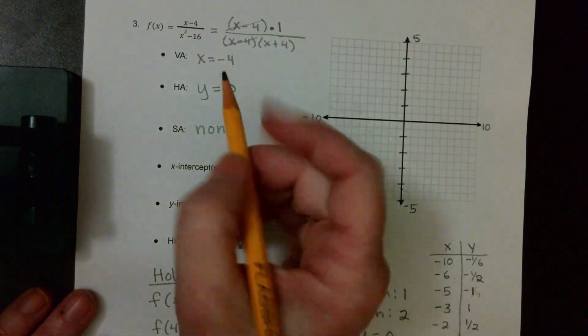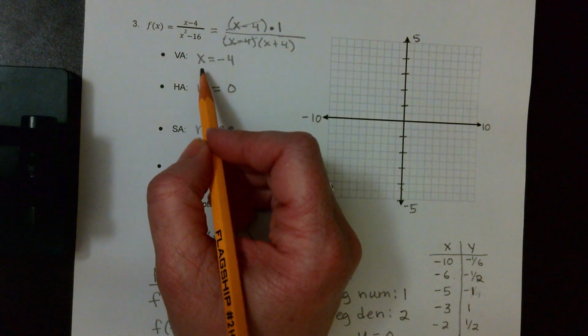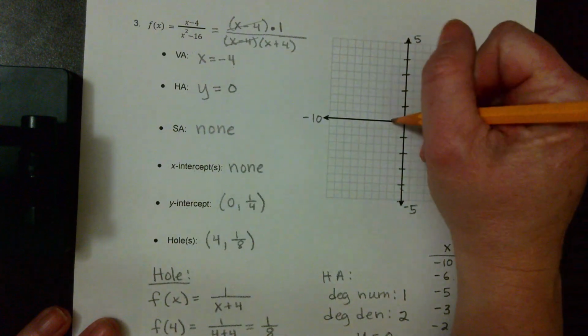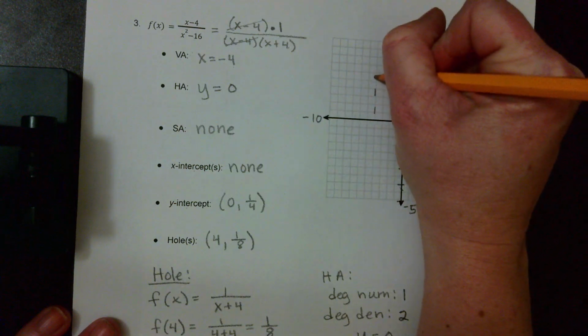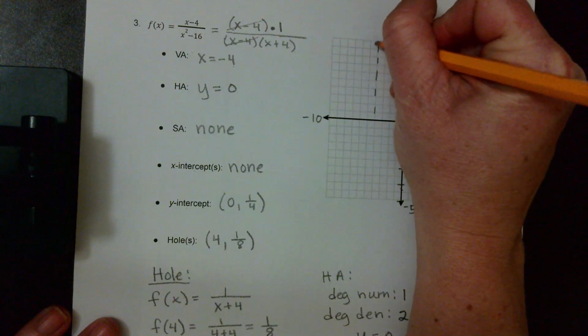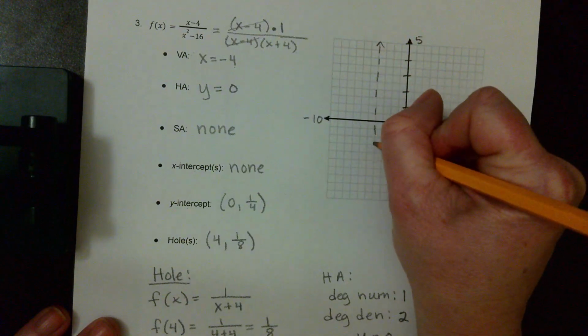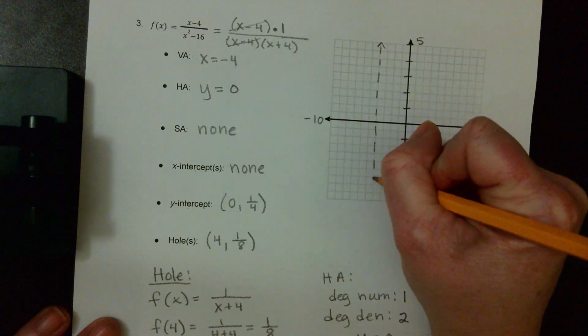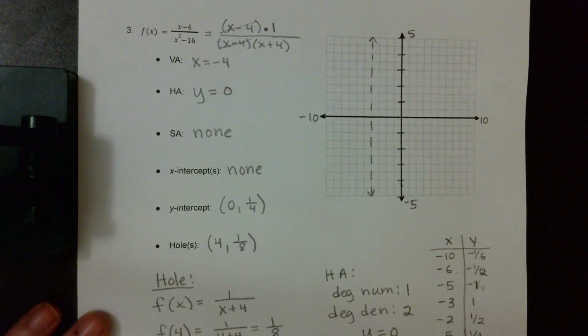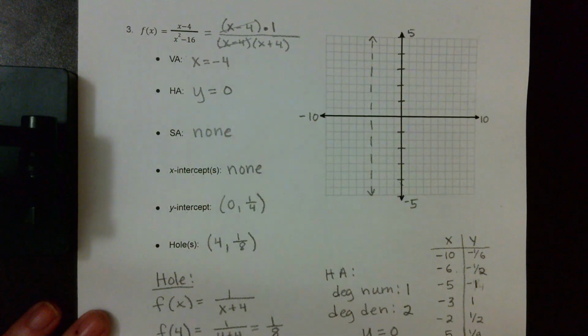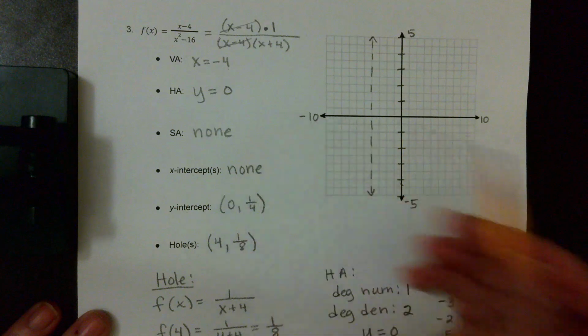So I need to draw in my vertical asymptote at x equals -4. For vertical asymptotes, we put in a dotted line. And then we have a horizontal asymptote at y equals 0. Y equals 0 is our x-axis.